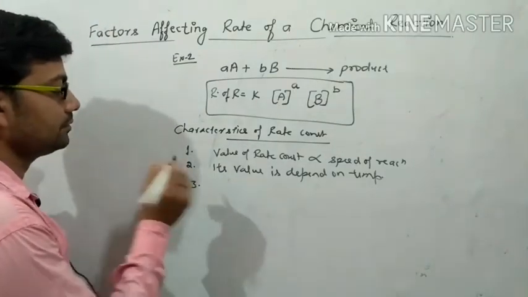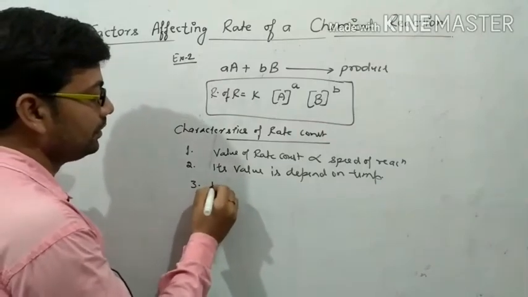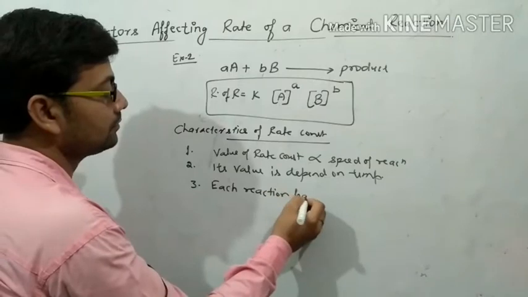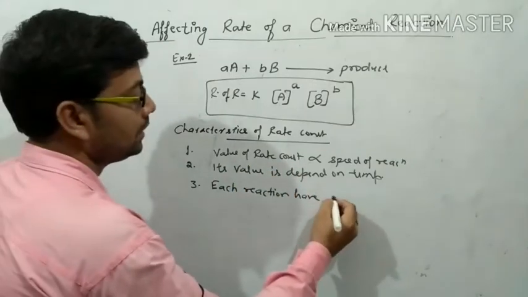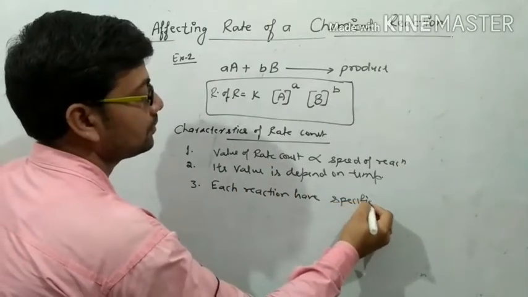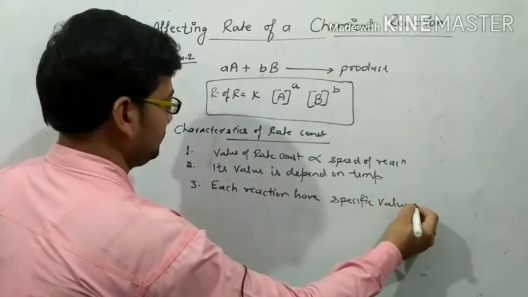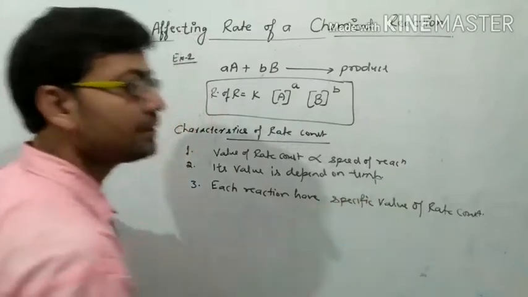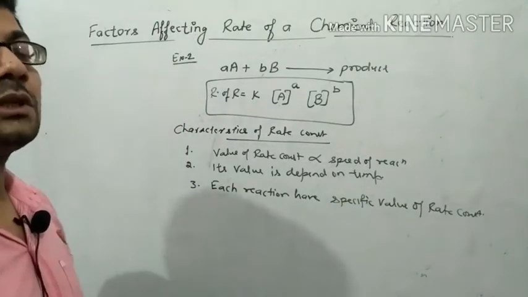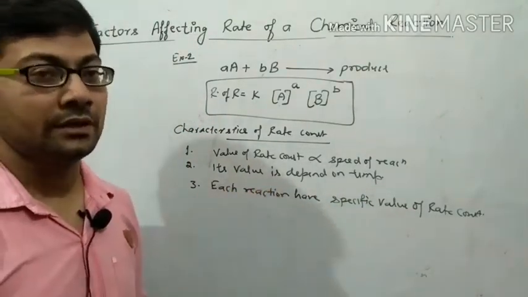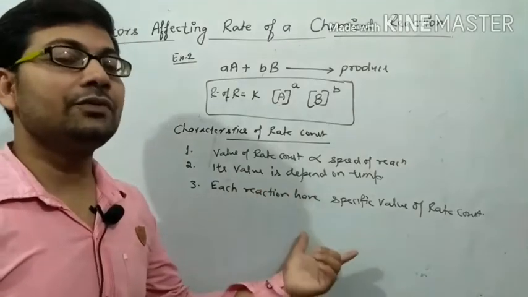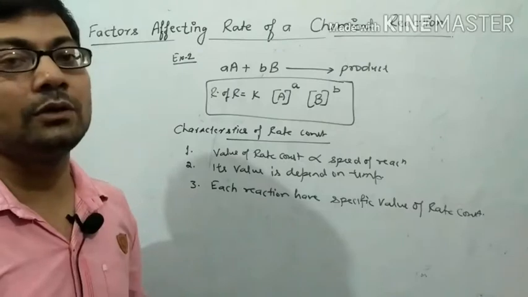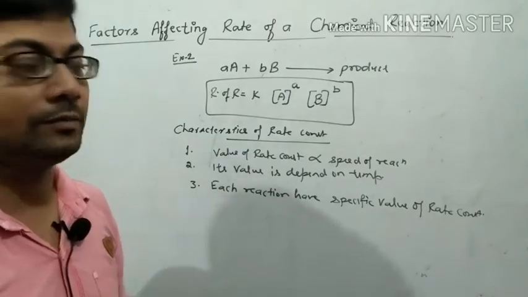Now the third: each reaction has a specific value of rate constant. Means different reactions have different rate constant values, not the same value.